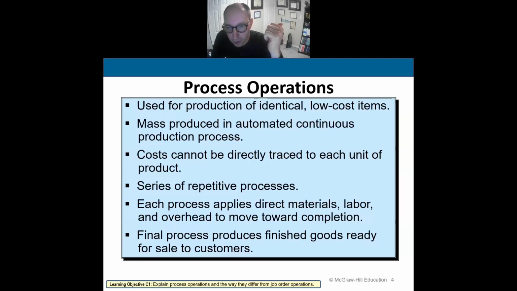Within each department, you have new materials you're adding in, more direct labor you're adding in, and also factory overhead that you're adding in. For example, in the molding department, where they're creating the bottle, you have the material, the plastic.